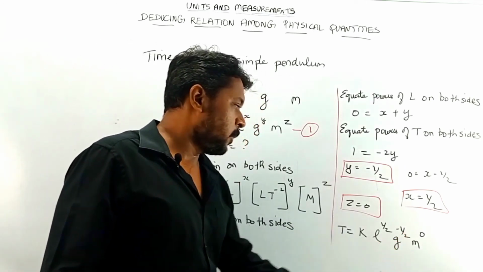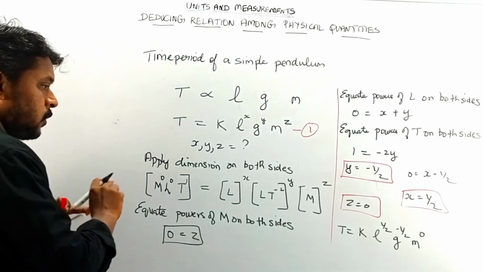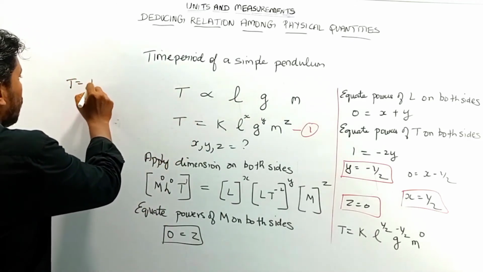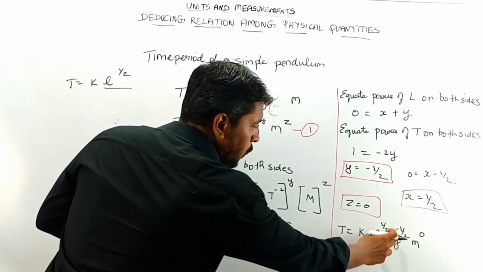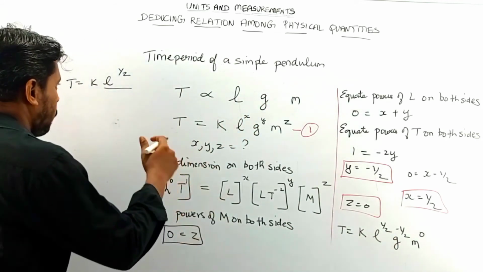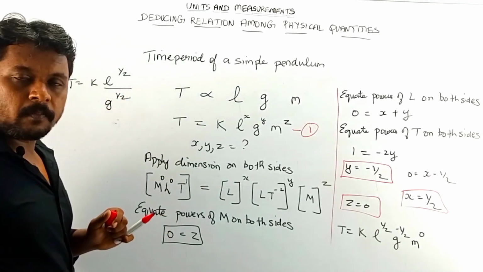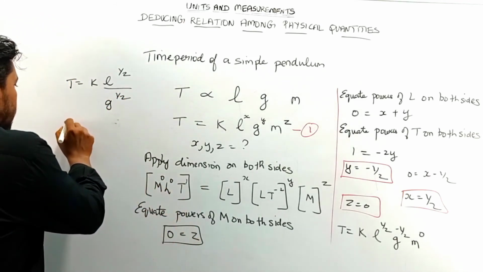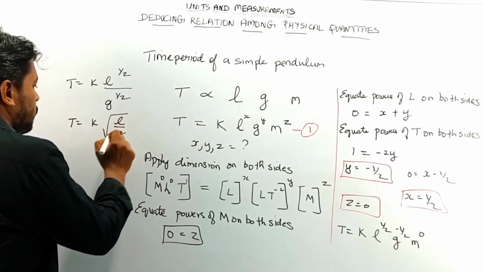M to the power 0 is nothing but 1. So I can write T is equal to k L to the power 1 by 2, bringing g downward to the denominator, g to the power 1 by 2. This can be written as T is equal to k root of L by g.